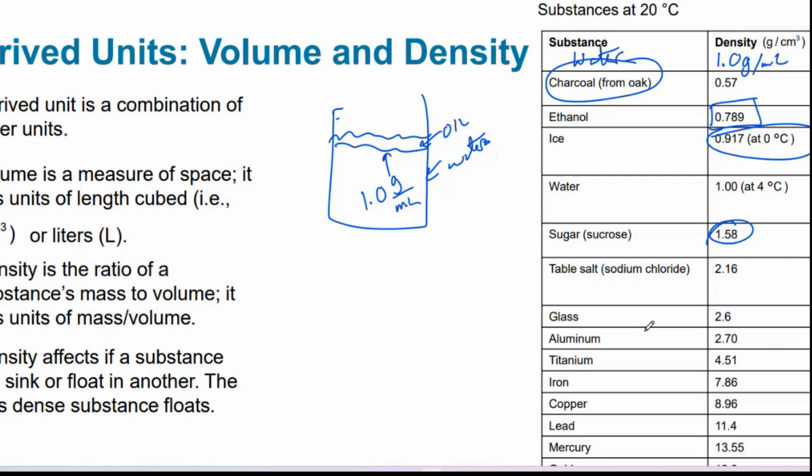Now, some oils are actually more dense than water, but you wouldn't be able to buy those at the store. They're oily substances that are more dense, like carbon tetrachloride or chloroform. You wouldn't be able to buy that, but those actually will sink in water and form a different layer.